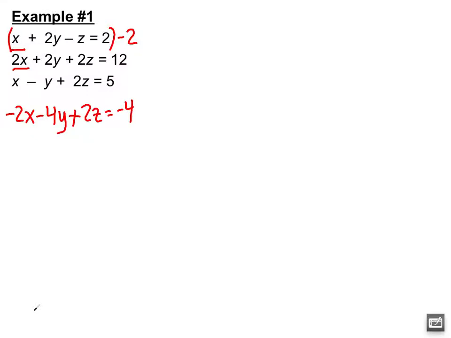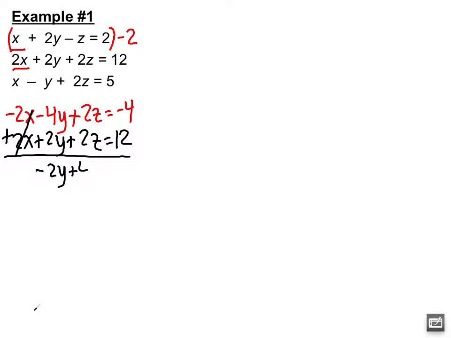Rewriting that second equation, now when I add, my x's are eliminated, and I have -2y, add 4z is equal to 8. Now I have one equation in terms of y and z.